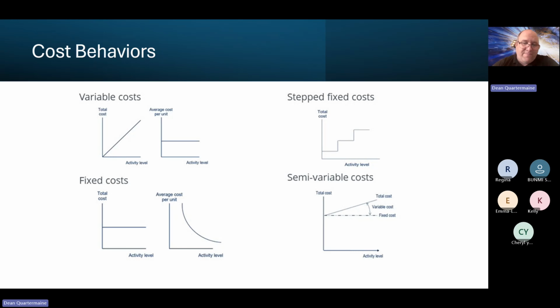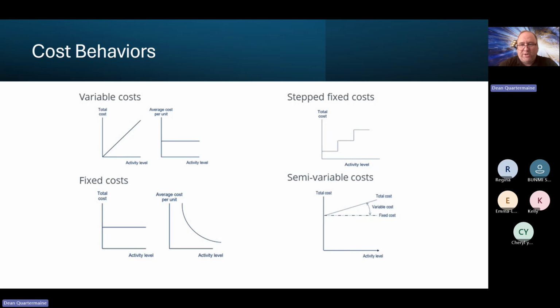But anyway, semi-variable cost, the one at the bottom. Here you've got an element of these first 2 behaviours on the left, variable cost and fixed cost. What you've now got is semi-variable cost. Semi-variable costs are costs that have a fixed element and a variable element.